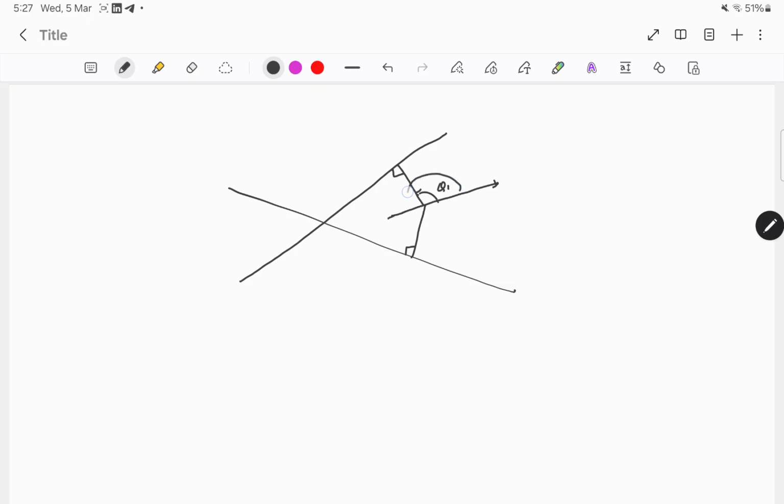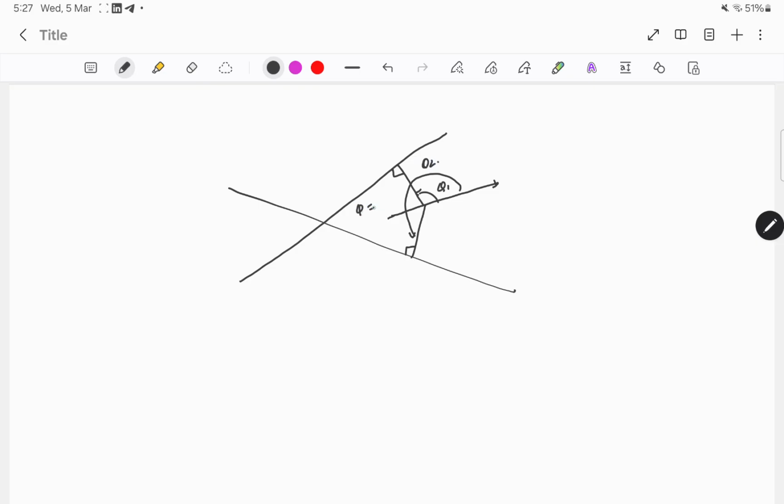Now I am going to discuss one more concept. Suppose this is one of the angle bisectors. These two lines are perpendicular. Suppose this is theta 1, this is theta 2.